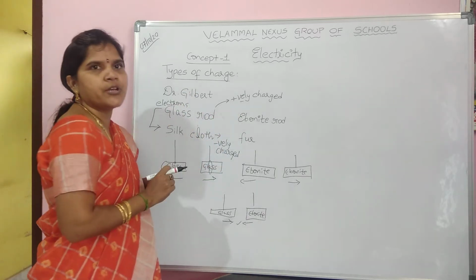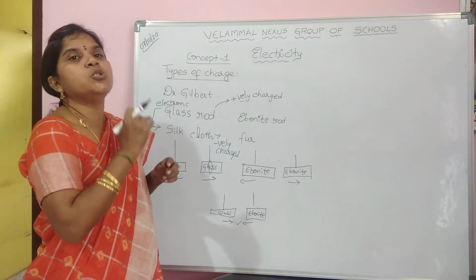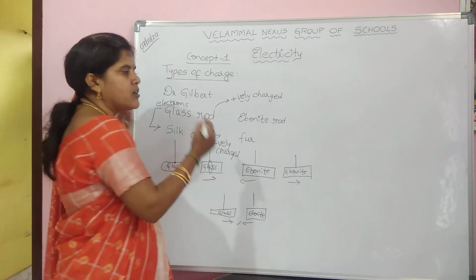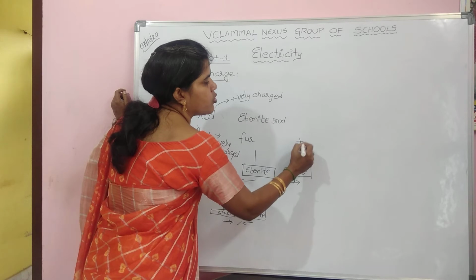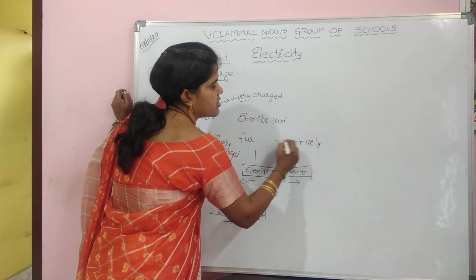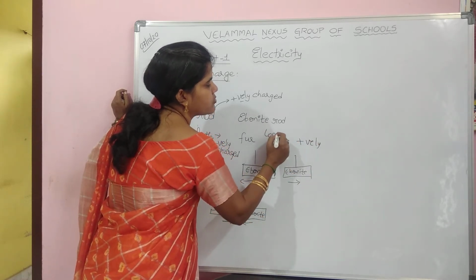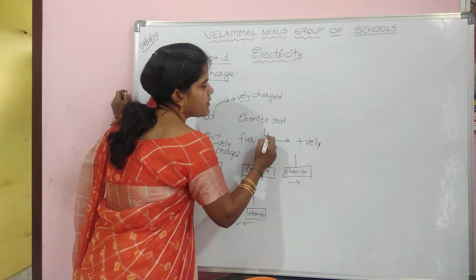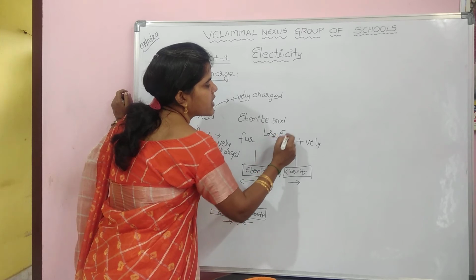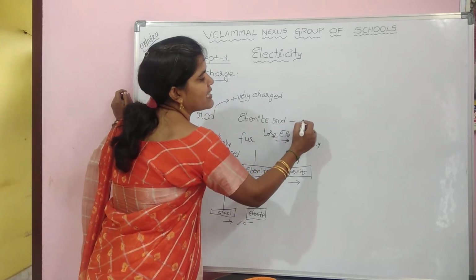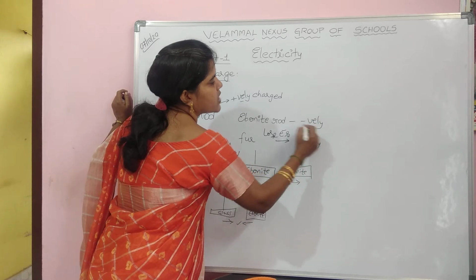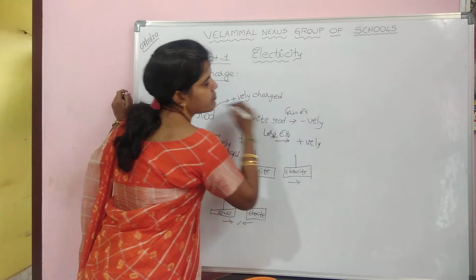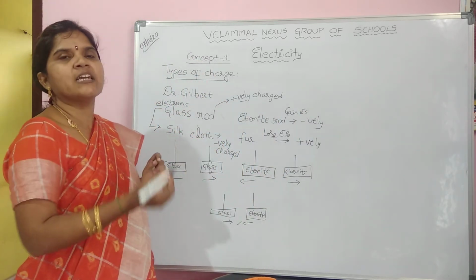Similarly, when you take an ebonite rod rubbed with fur, due to friction, here also charge transfer will take place. Here, the fur will lose electrons and become positively charged. Ebonite rod will gain the electrons and become negatively charged.